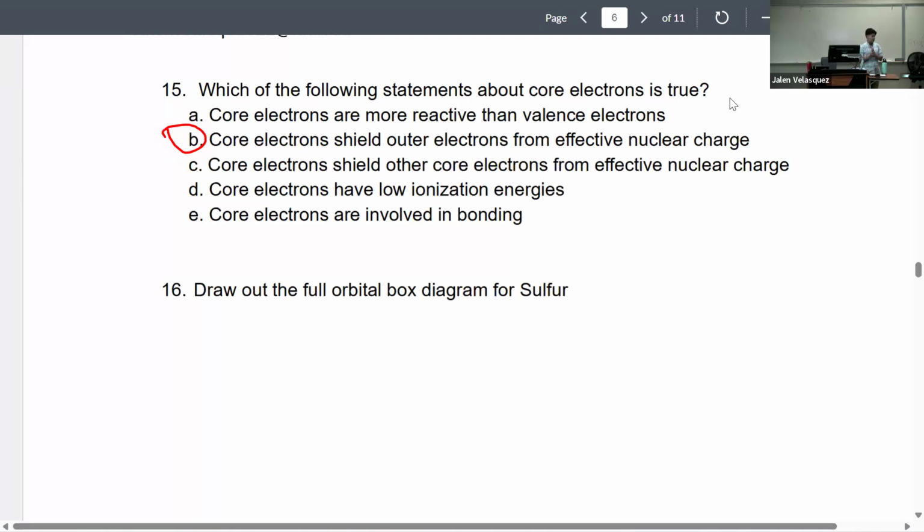If I stand in the middle between the hose and the person getting wet, I am like a core electron. I'm shielding the outer electron from that charge, from that water. So you can think of it that way. Any questions about core electrons?